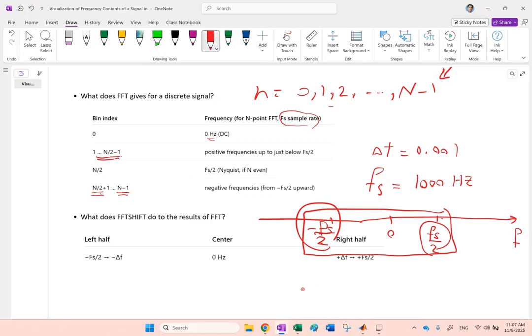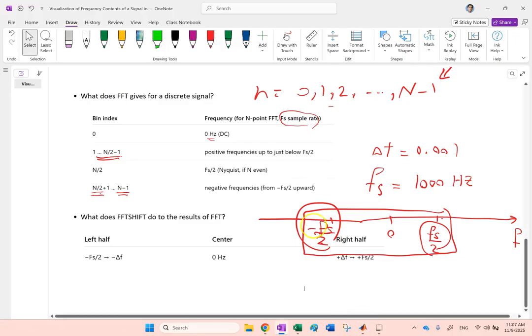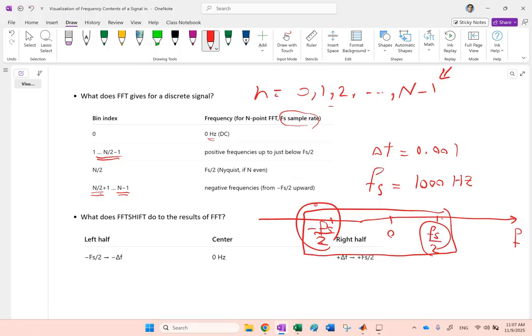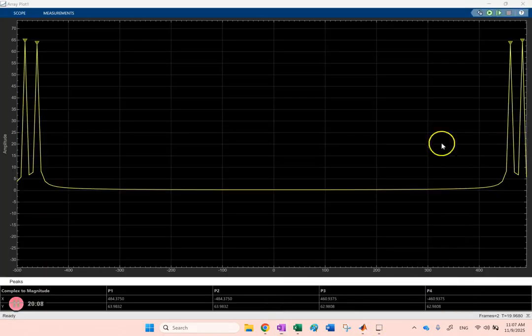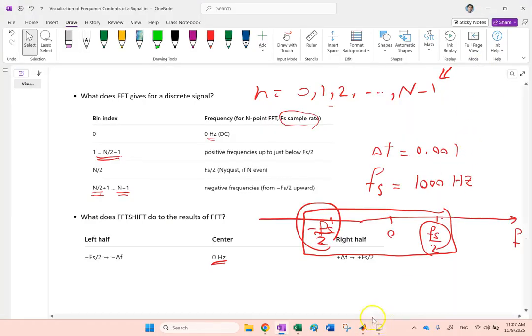The FFT shift says, no, I'm going to limit the frequency for you and get rid of this shift, so I make sure that you are exactly centered around 0. Although you can go to Fs over 2 and negative Fs over 2, you don't have that extra shift here. And that is what you can see in this one with the FFT shift.